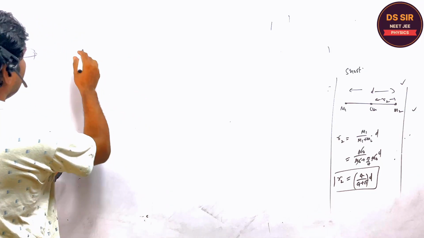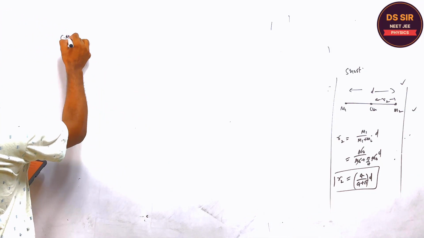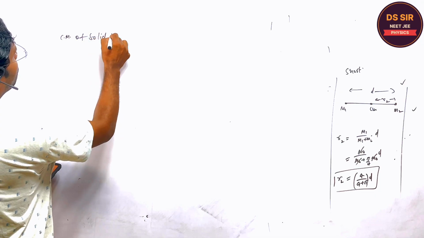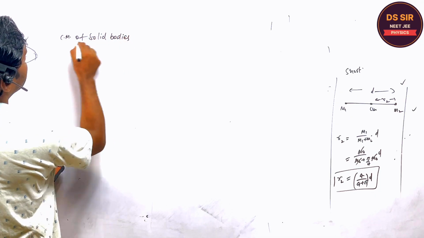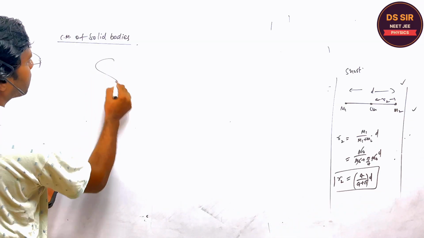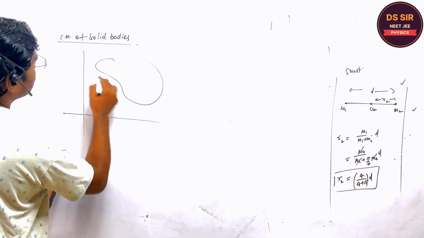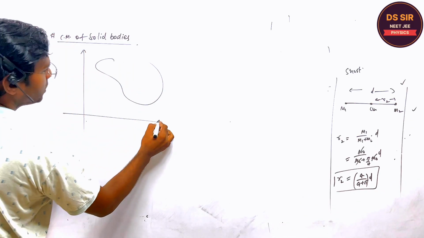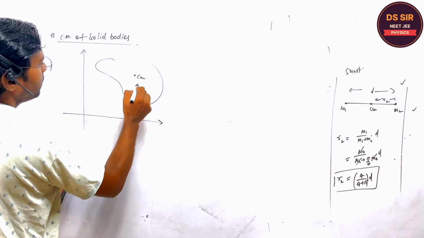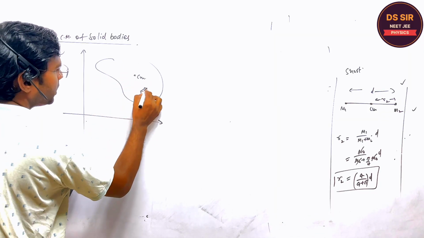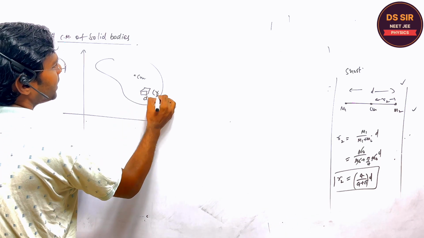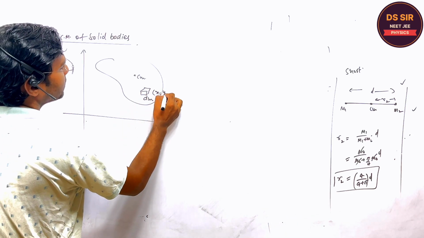Okay, now I'm writing the center of mass of solid bodies. Listen to one thing. If you consider this solid body, the center of mass will be over here. So you will choose a mass dm, and its coordinates are x, y, z.